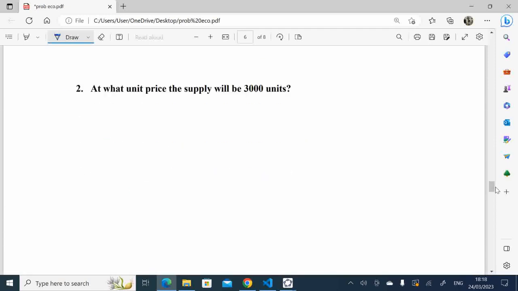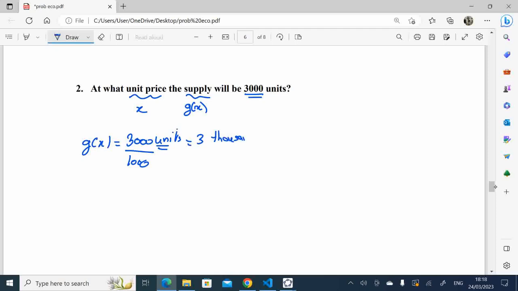In the next part, we have: at what unit price will the supply be 3,000 units? So now they are asking you to find the unit price. It means I need to find x, so that the supply g of x equals 3,000 units. I need g of x in thousands of units, so I have to divide by 1,000 and write this as 3.